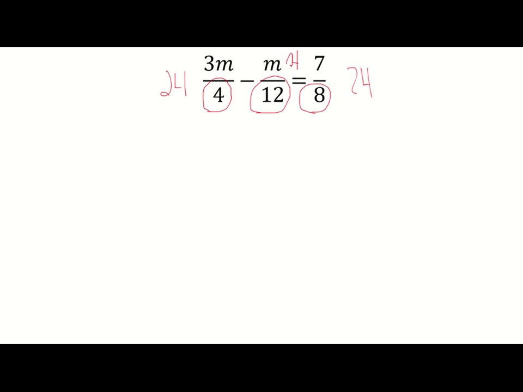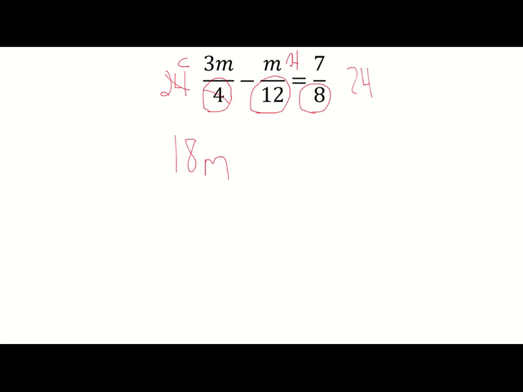What that means is I'm going to take a look at the first fraction, 3m over 4. 4 goes into 24 6 times. So in other words, I'm multiplying the numerator 3m by 6. 3m times 6 is now 18m. The 4 canceled out because it goes into 24.